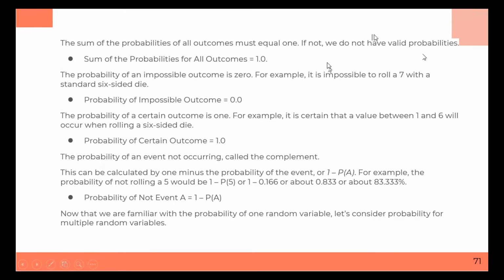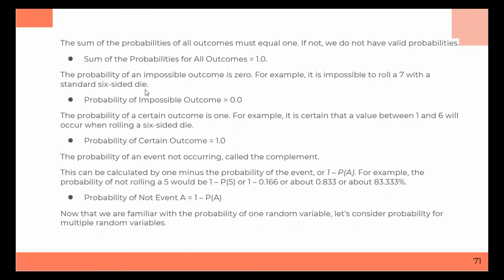The sum of probabilities of outcomes equals 1.0. The probability of an impossible outcome is definitely 0, for example rolling a 7 with a standard 6-sided die.